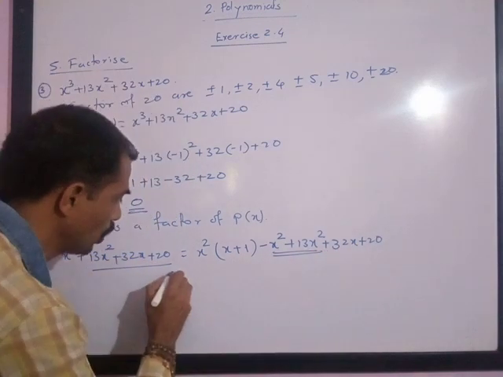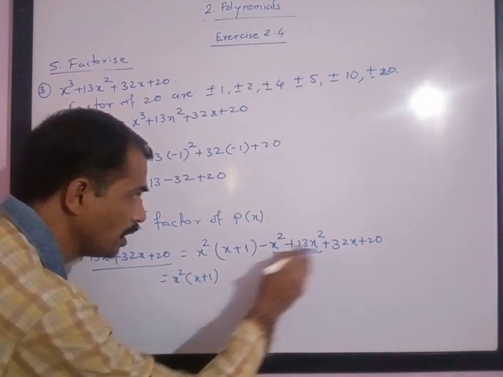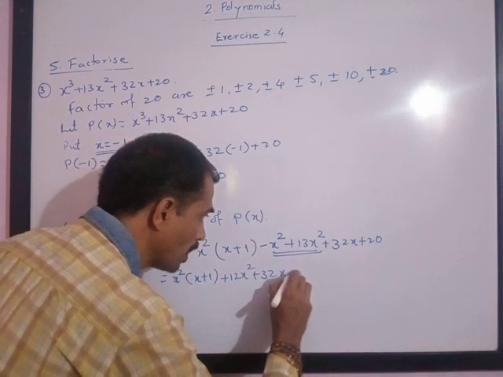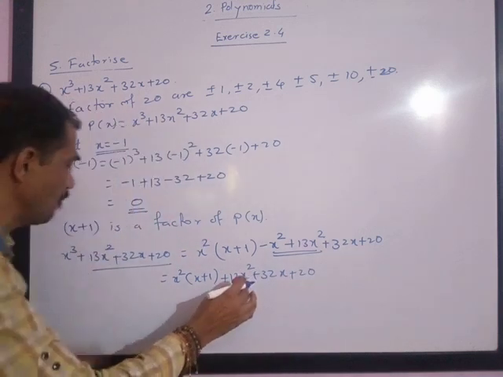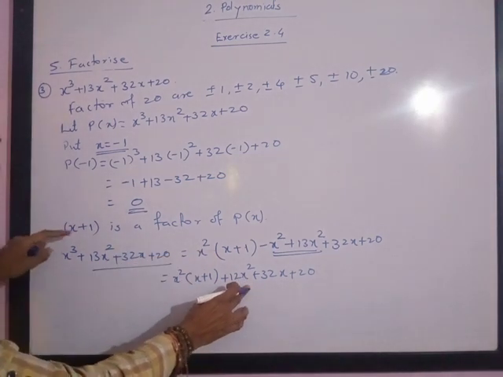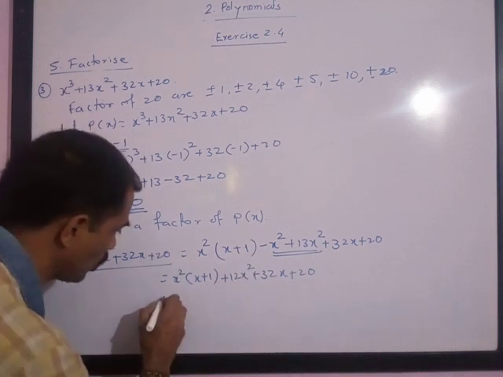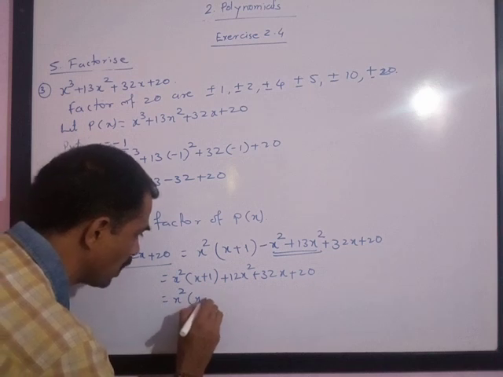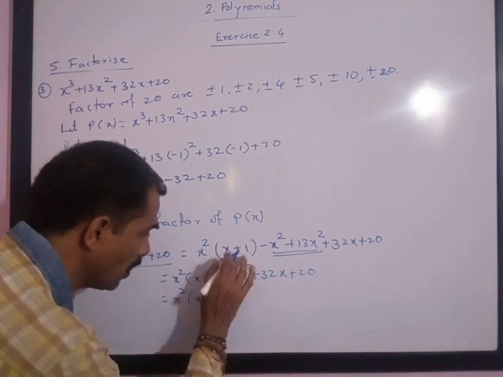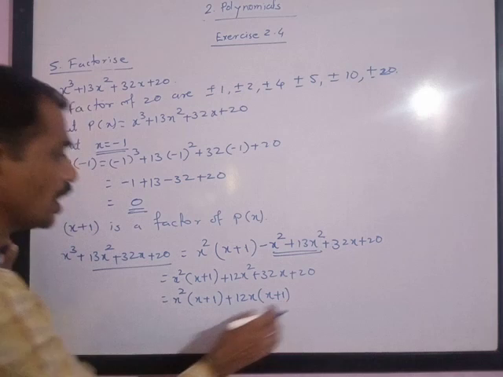We can solve this. So this is equal to x square in bracket x plus 1 plus 12x square plus 32x plus 20. Again divide the next term by first term. If you divide 12x square by x, the divisor is x, you will get 12x. So this is equal to x square as it is, x plus 1 also as it is, plus 12x as the quotient, x plus 1 is our total divisor.